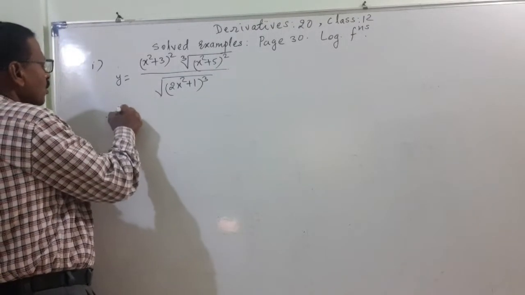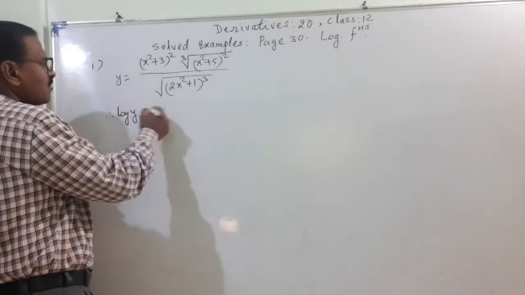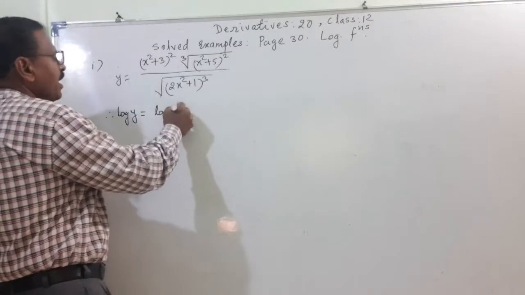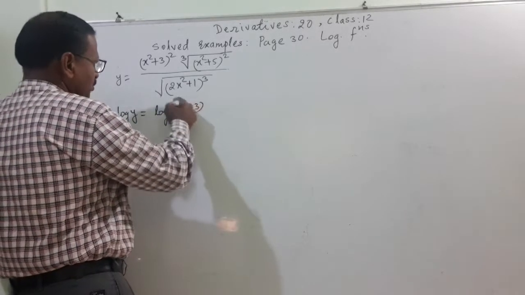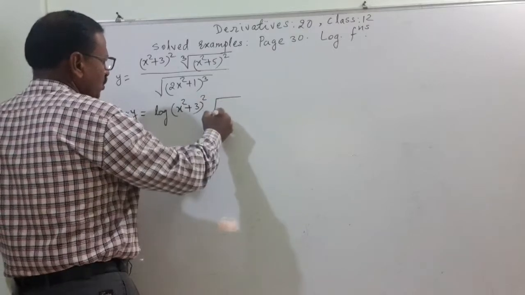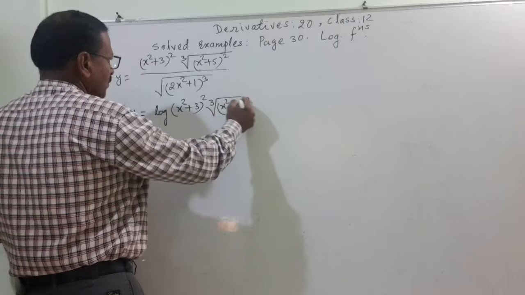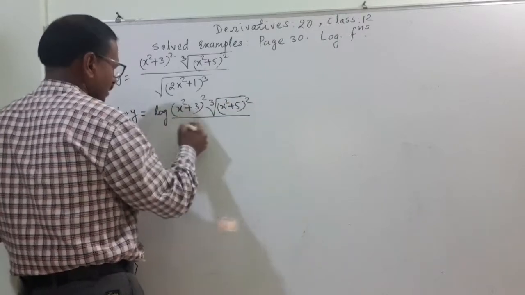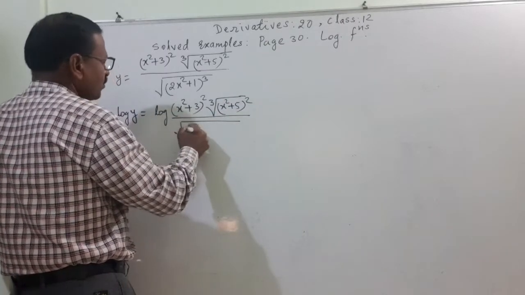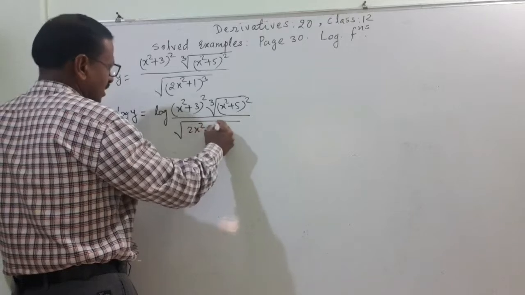Therefore, log of y is equal to log of (x square plus 3) raised to 2 into cube root of (x square plus 5) raised to 2 upon under root of (2x square plus 1) its cube.